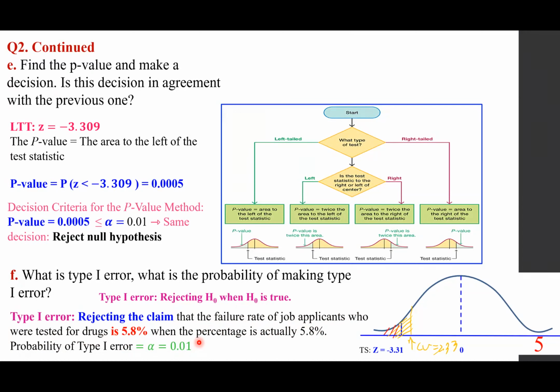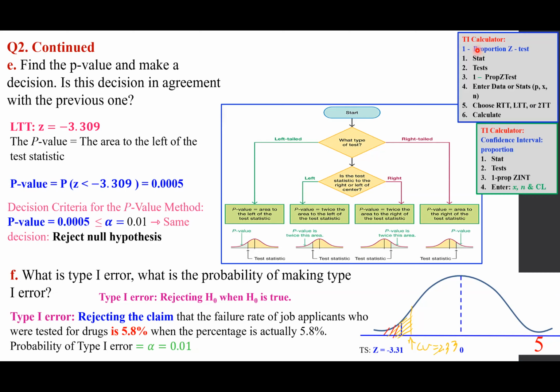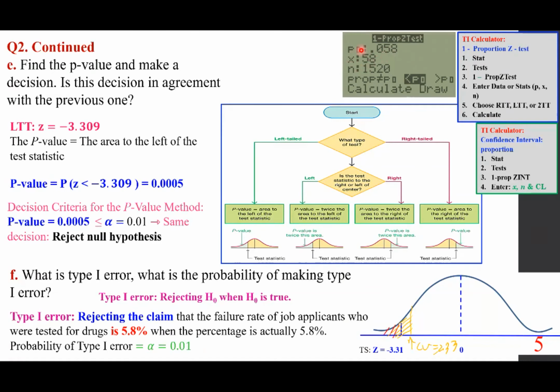Now, it's important to understand the process and write the steps. However, certain parts can be done by technology. For example, with the TI calculator, we can do a one proportion z-test, and we plug it in. They're asking for p, we put 0.058. That means really H0 in essence. What is the value of p?